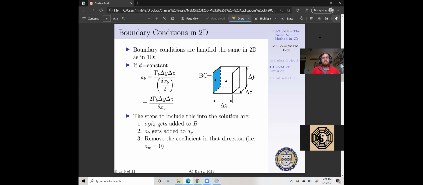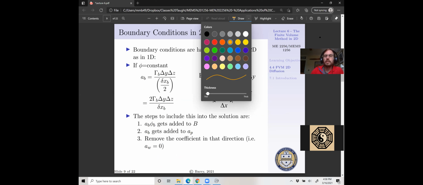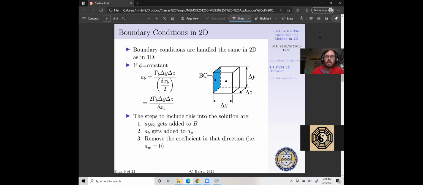So let's consider a two-dimensional system. Now, here is our differential volume. And let's pick a more fun color. So this is the face we're looking at.